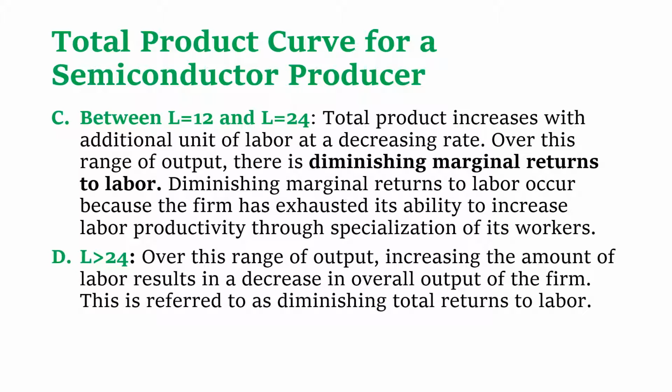There is not enough space in the company for all those excess workers to work. So what is going to happen? You will see most of them just being idle. They have nothing to do.